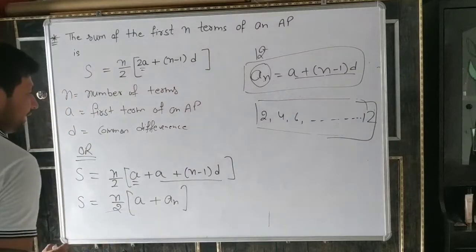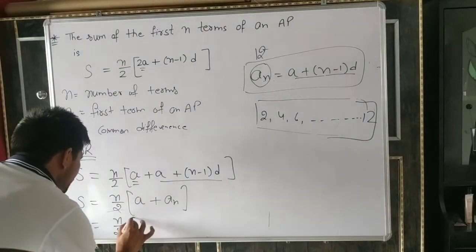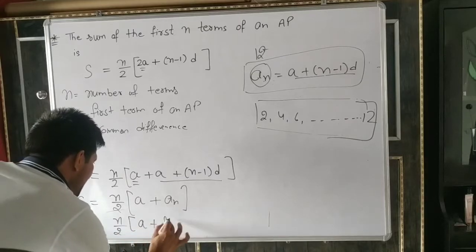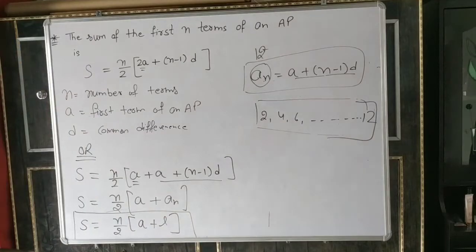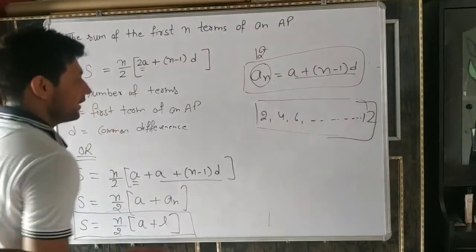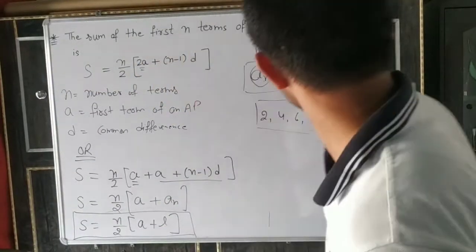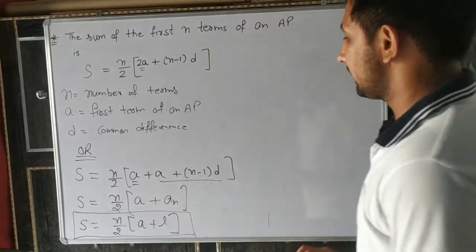So you will always write this formula: S equal to N upon 2 into A plus L. And always remember this formula. One more: if in any AP L is given, I am writing it here. Look at it.